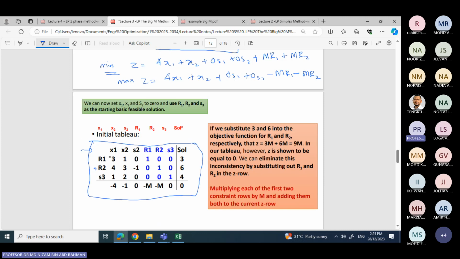So when you use the big M method and you set up a tableau as such, this tableau actually has a problem.